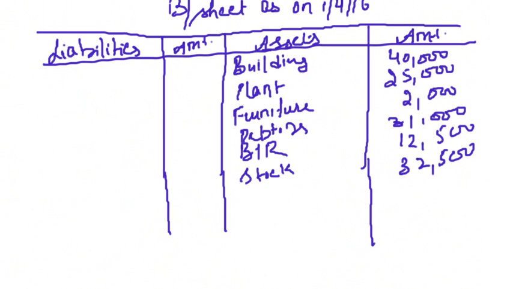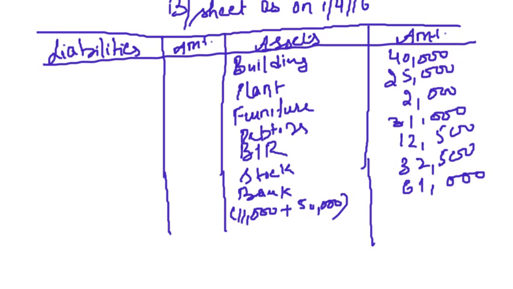If I talk of bank, it will be 11,000 originally plus 50,000 we have received as capital from the new partner. So our bank will be 61,000. Clear? Be careful about this.